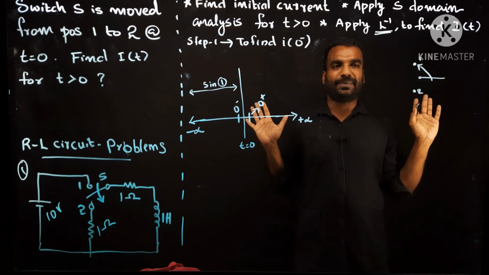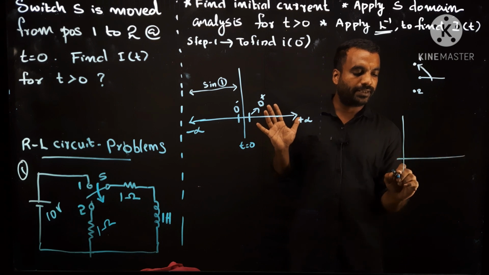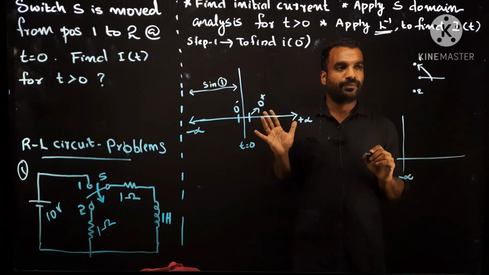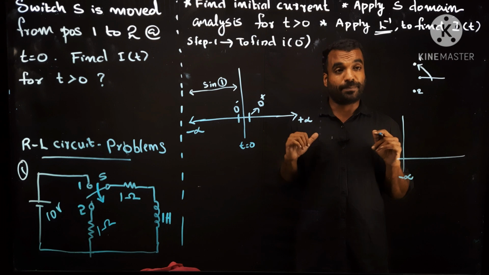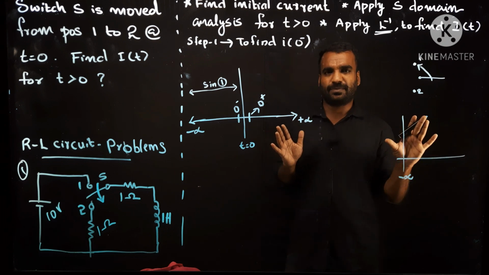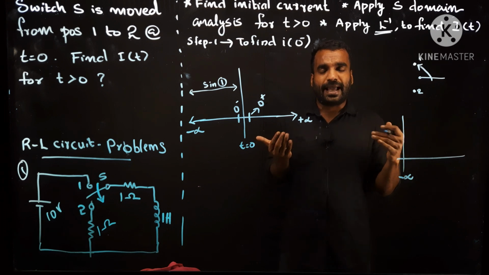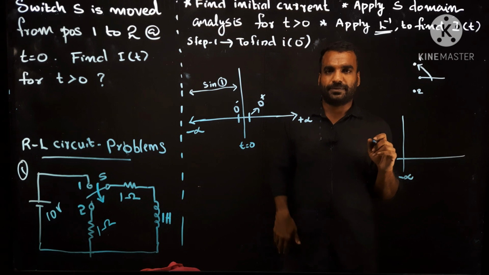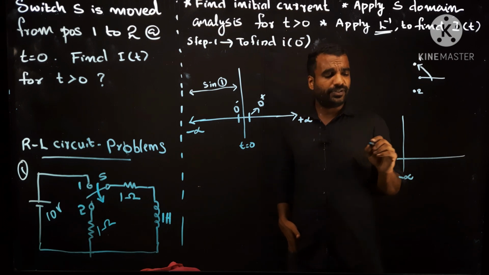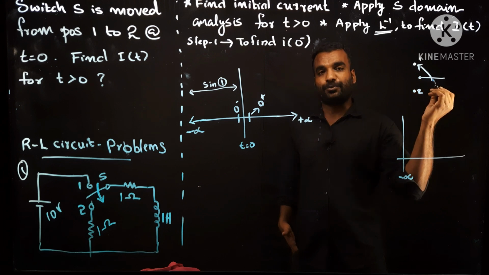So some disturbance happens. Suppose at negative infinity, the switch may be initially open. This is a concept. Don't use these things in your exam papers. I am trying to explain you in more detail. So the switch may be at an open position.